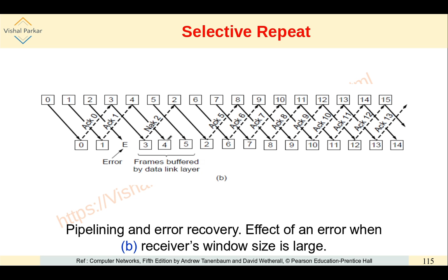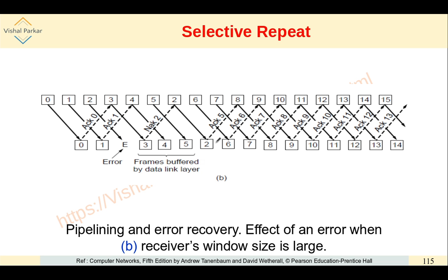No such acknowledgements were given for frame numbers 3, 4, and 5. When that negative acknowledgement was received, the sender came to know that the receiver did not receive frame number 2, and that's why it retransmitted frame number 2 to the receiver.